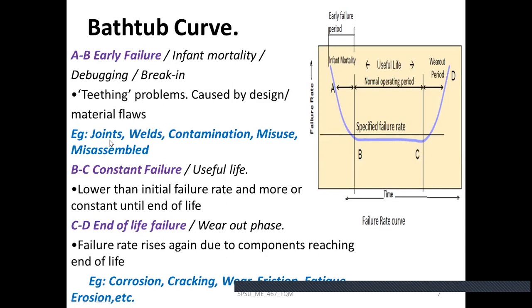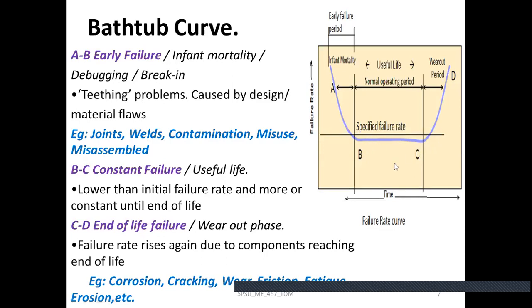For example, joints not properly jointed, welding not properly done, contamination due to atmospheric gases, misuse of the products, misassembly of the products.